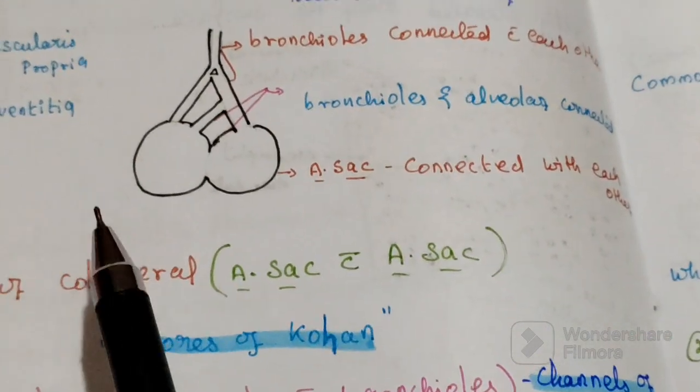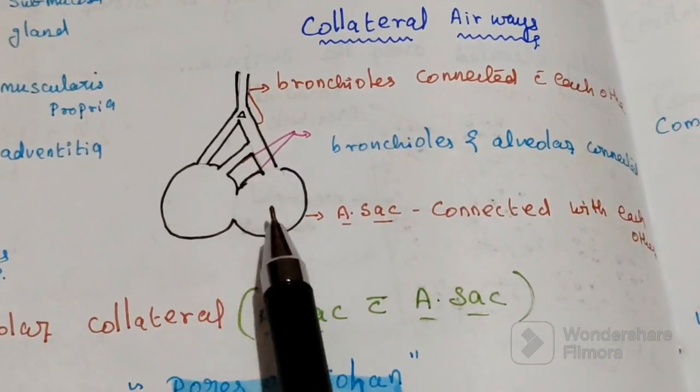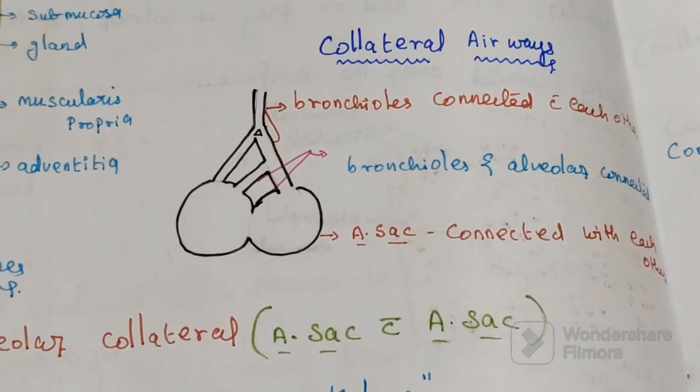So multiple alveolar sacs are connected together.